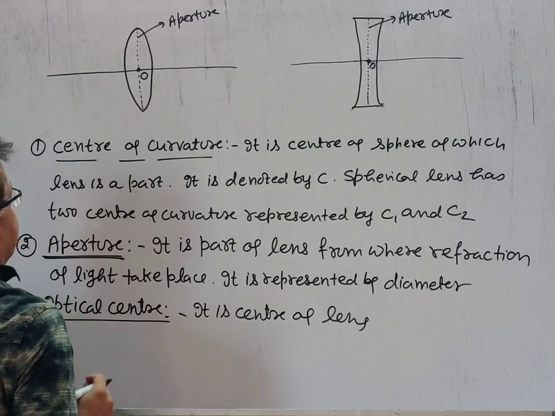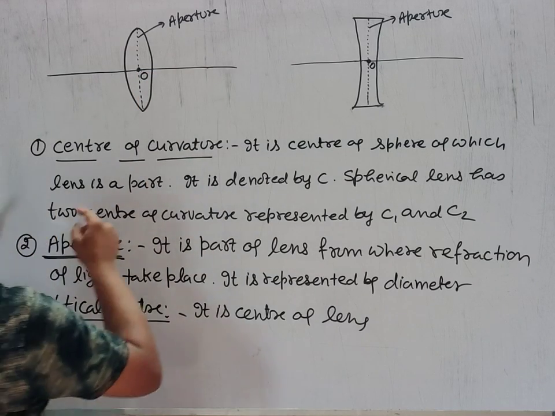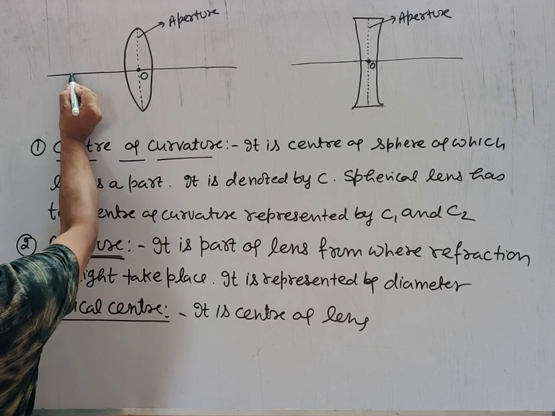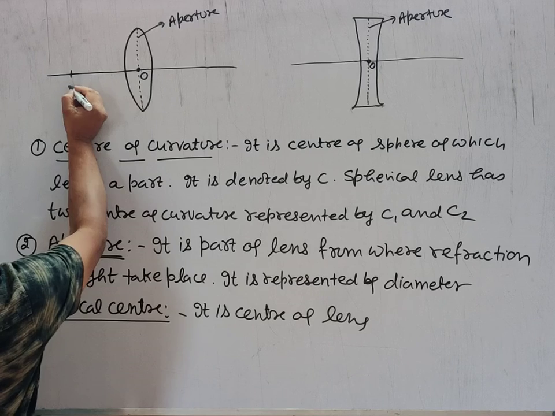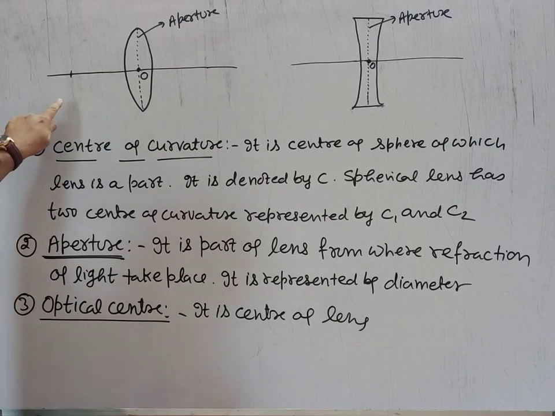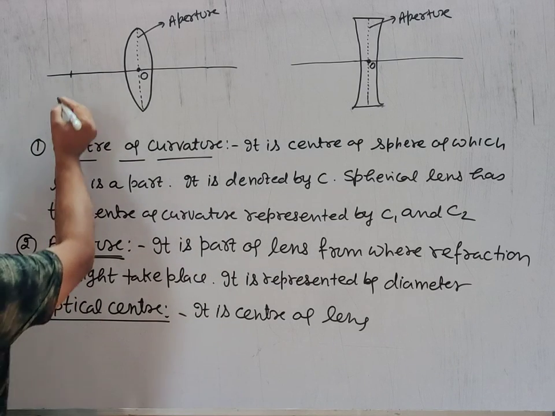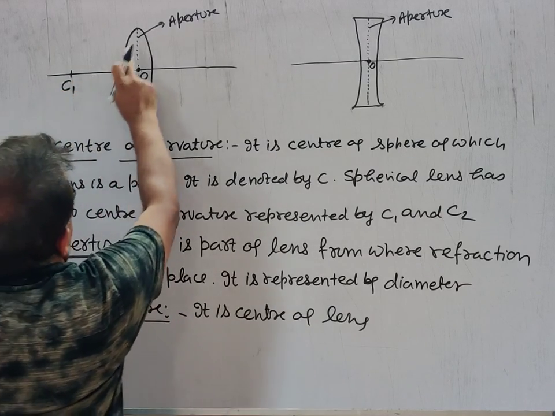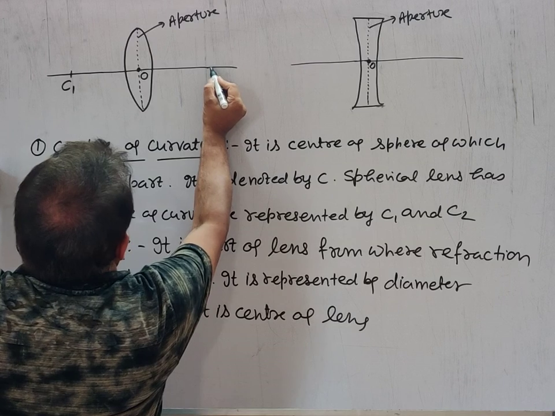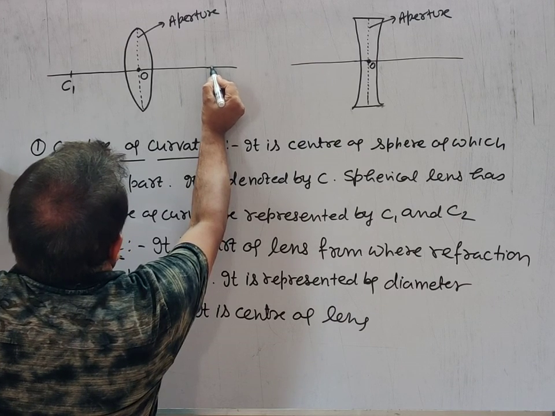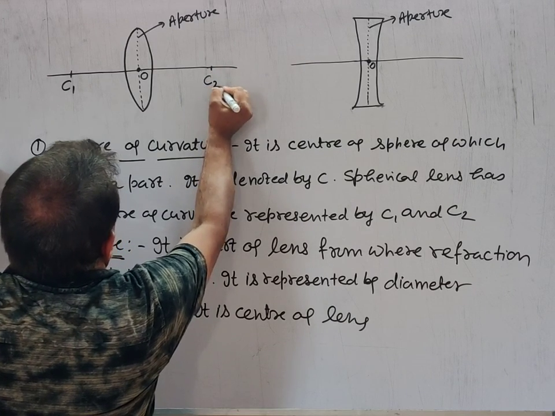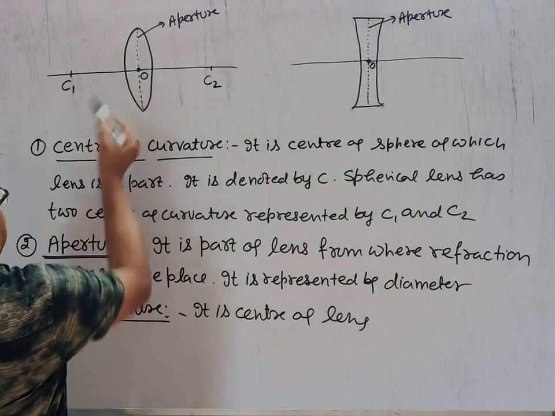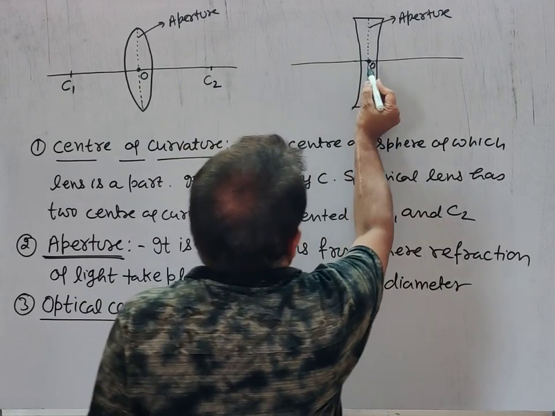Now if we consider this, then C will come approximately here, and as I told, there are two centers of curvature. On the left side we normally write C1, and at the other side we write C2. Similarly, distances are measured from this point.